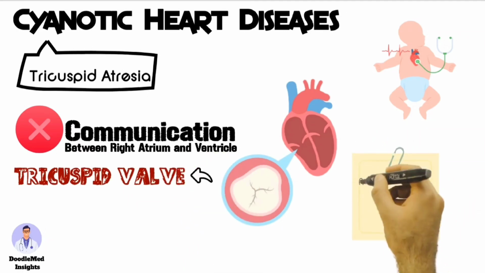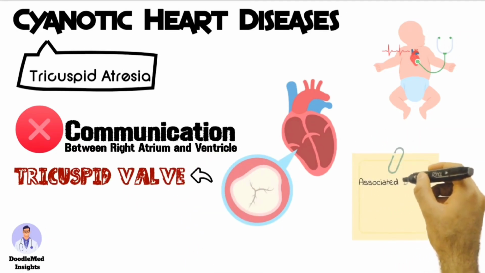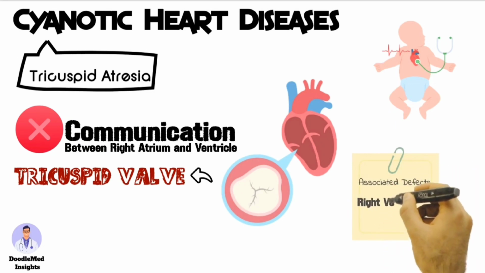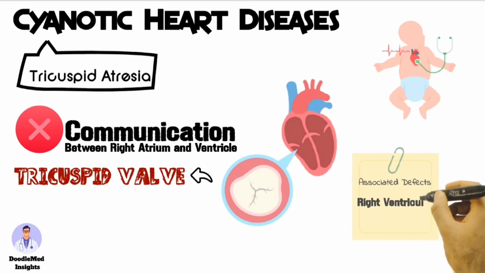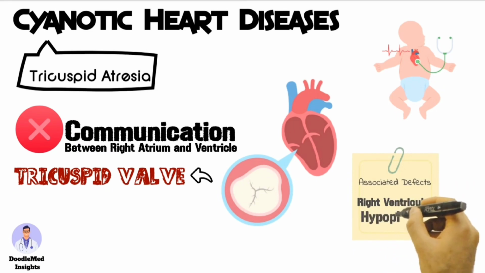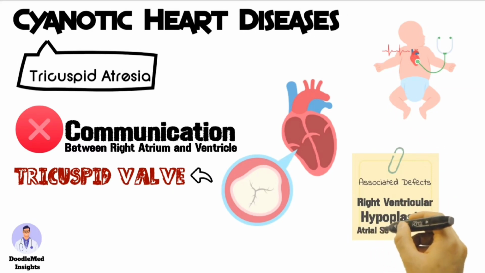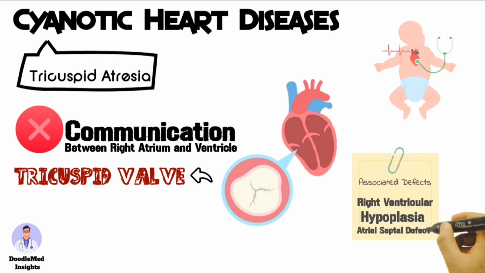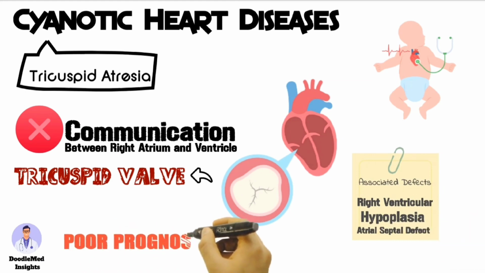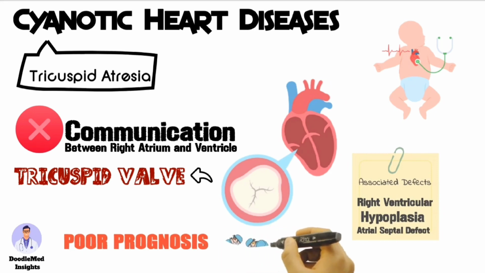In addition to the absence of the tricuspid valve, tricuspid atresia is often associated with other defects, such as right ventricular hypoplasia, which means that the right ventricle is underdeveloped and unable to function properly. Furthermore, an atrial septal defect is commonly present. The prognosis for individuals with tricuspid atresia is poor without surgical intervention.